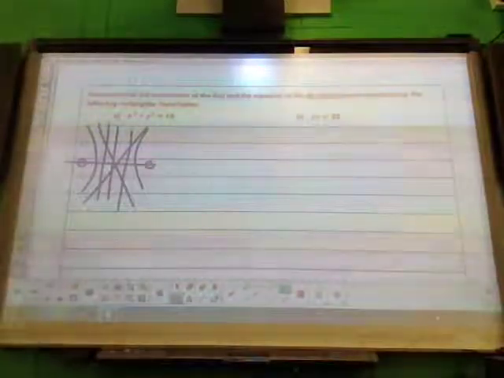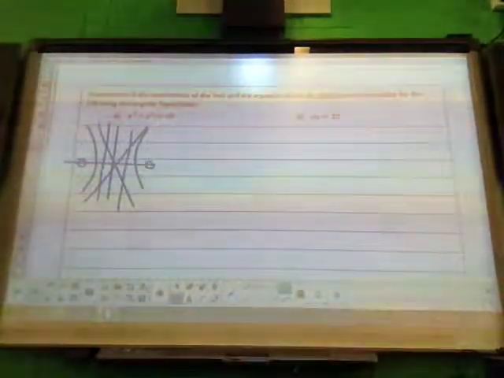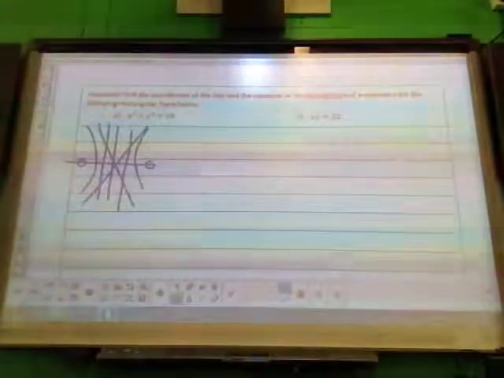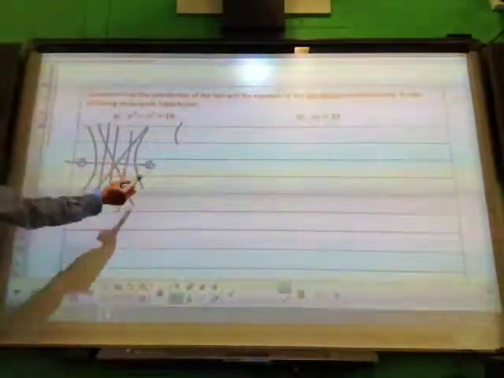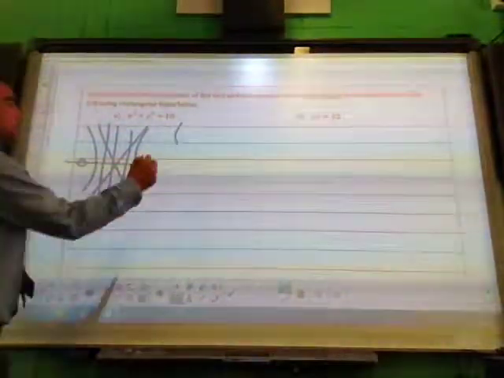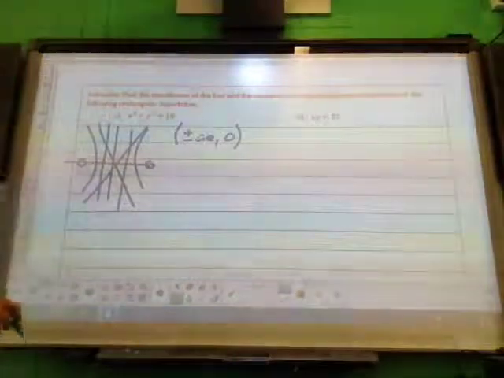Alright, so what do I need to do first? What's the format for my foci? Here and here. What are the variables? Yep, so plus or minus. So what's a?